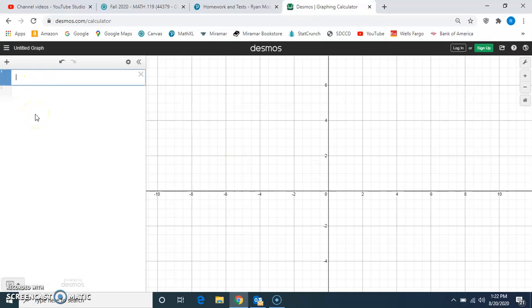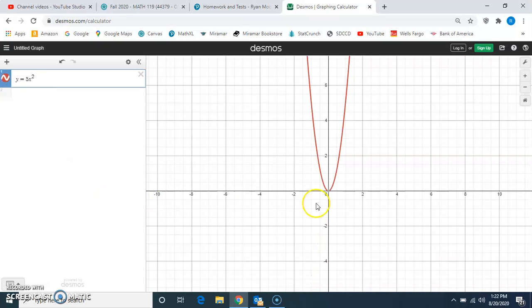So in 2.1, we saw the limit of 5x squared as x approaches 3. So if I type in y equals 5x, and for the squared, I'm going to use the caret. There's 5x squared.